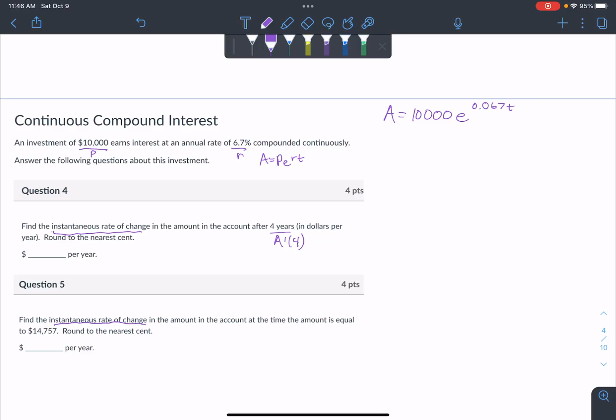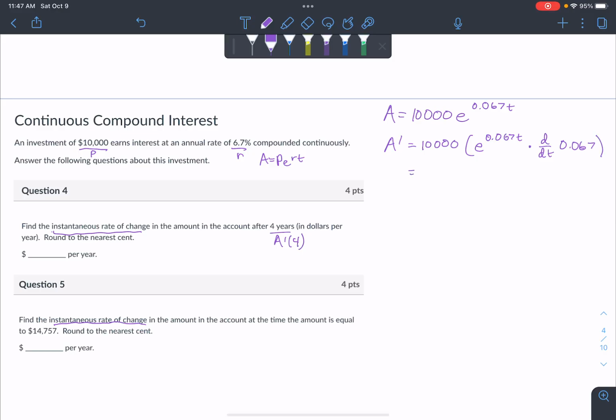Okay, so let's first take the derivative. A prime equals, 10,000 is a constant, so I can just keep that on the side. And then the derivative of e to anything is e, so you just rewrite it, but then you have to chain rule it and take the derivative of the power on e.